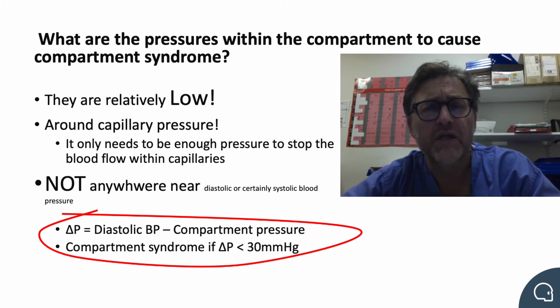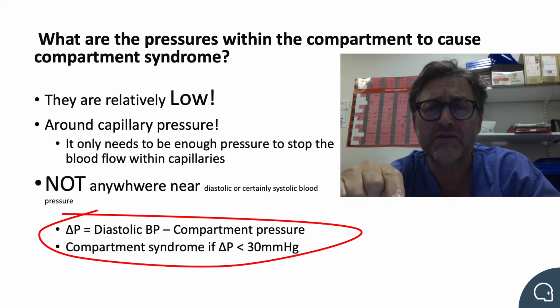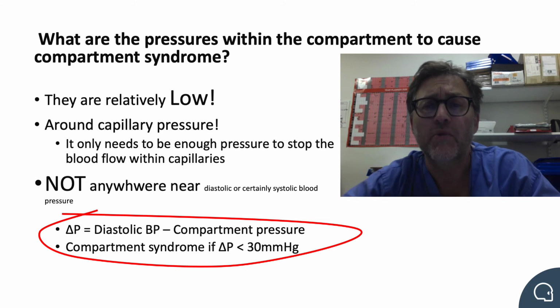And we've got this calculation called delta P, or a difference in the pressure. Because we can measure the pressures in compartments by putting needles into those and attaching those to manometers. So if you're unsure as to whether a patient's got compartment syndrome, we can measure that pressure by putting a needle into it.